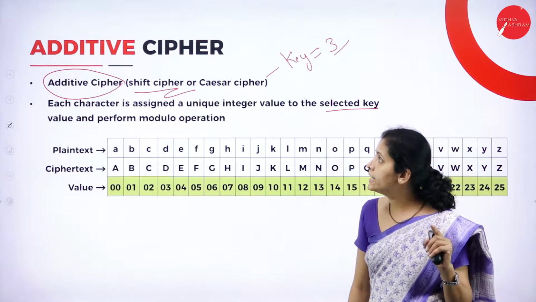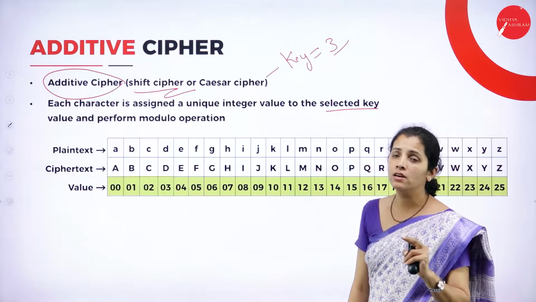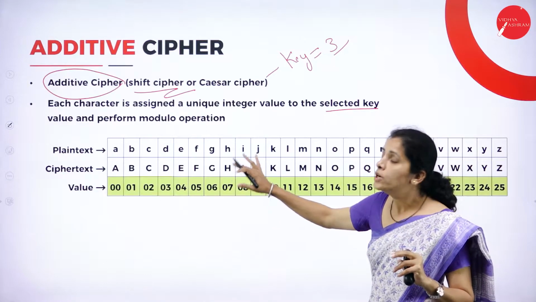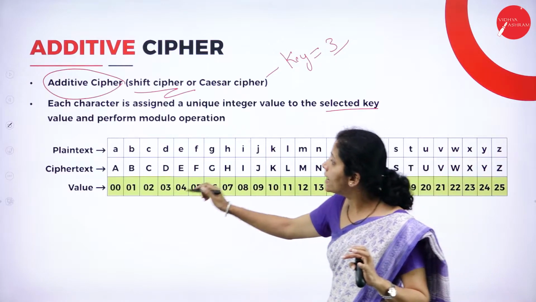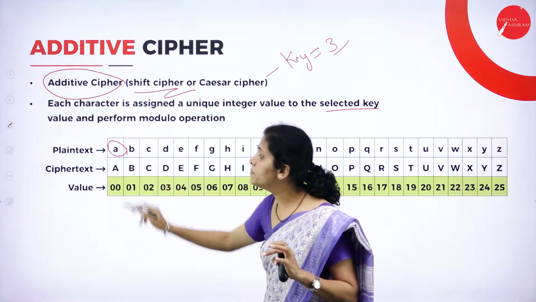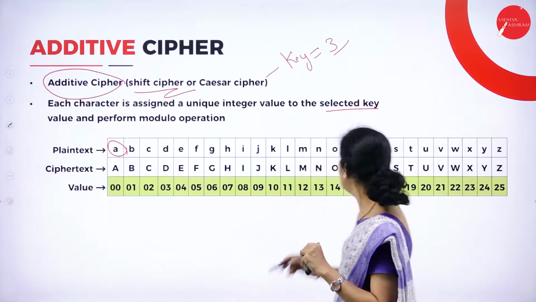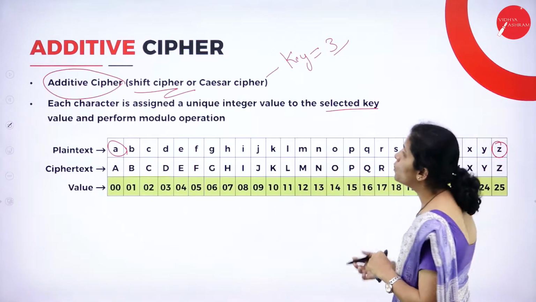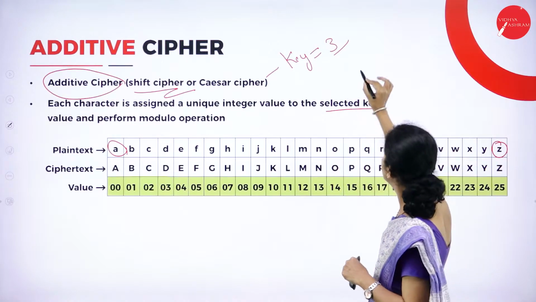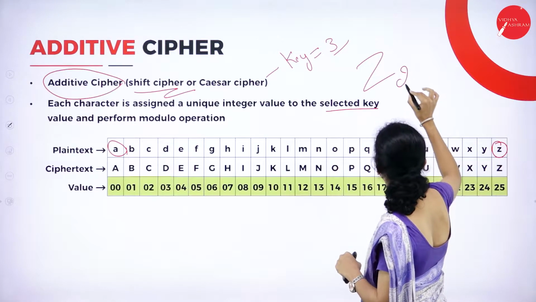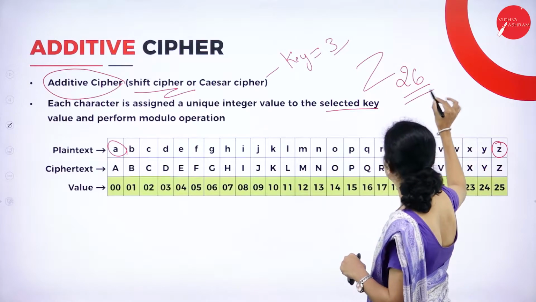So dear student, in the additive cipher, we are going to use only characters, and the character range starts from alphabet A to Z. So what is the modulo value I'm going to get? That is Z equal to 26.